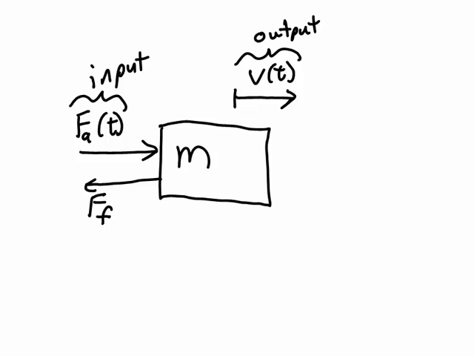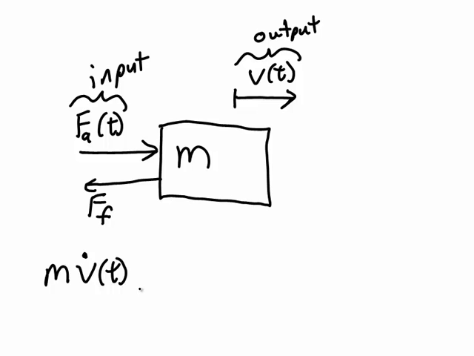Now, let's sum the forces on this mass. We'll say that the mass times the acceleration of the object, that is m v dot of t. Notice that I did not say the second derivative of position, because here position is not my output, the velocity is the output.